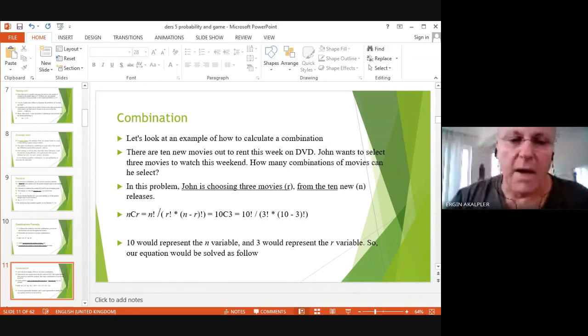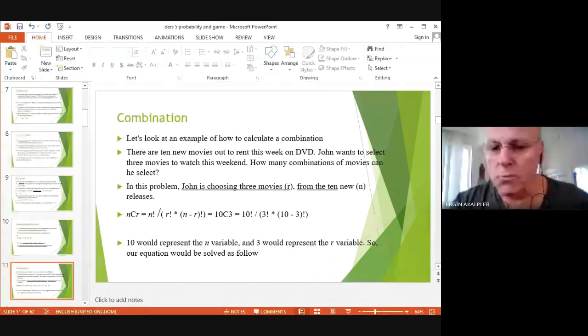In this problem, John is choosing 3 movies out of 10. The formula is n factorial divided by r factorial multiplied by (n minus r) factorial.